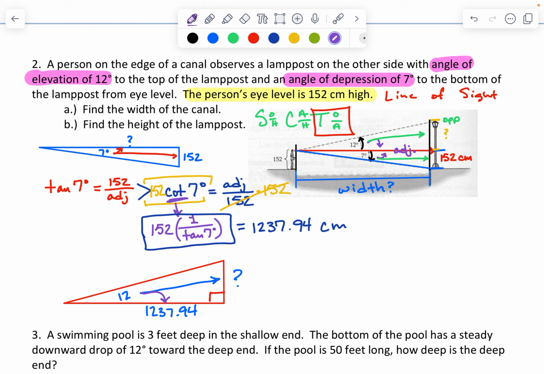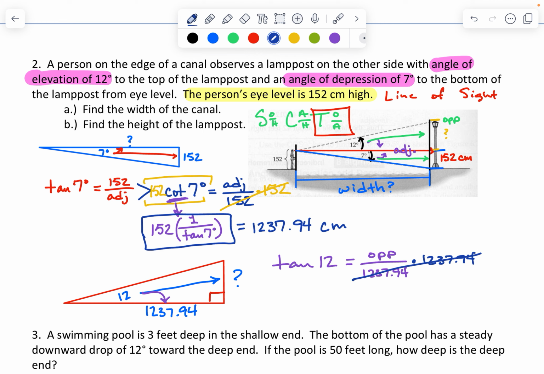I have the adjacent. Tangent uses opposite and adjacent. So you could say that the tangent of 12 equals opposite over 1237.94. And now this one doesn't need to use any reciprocals or be rearranged.